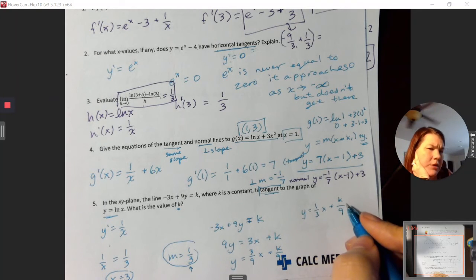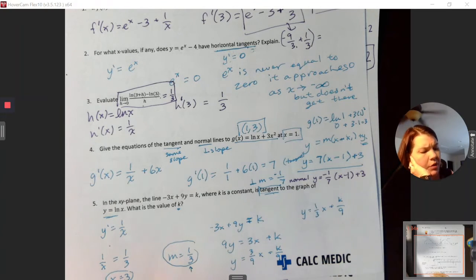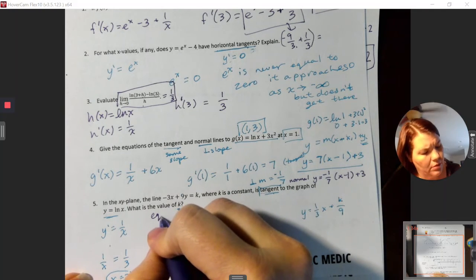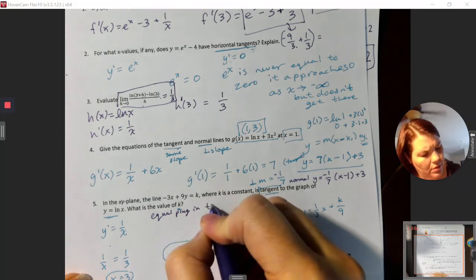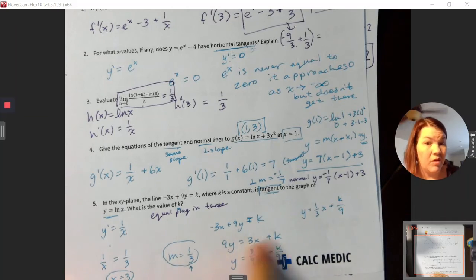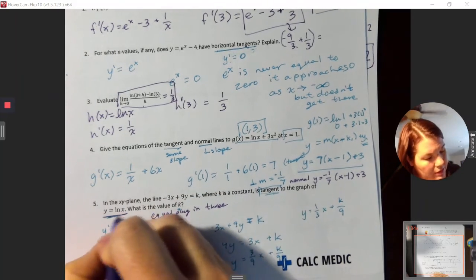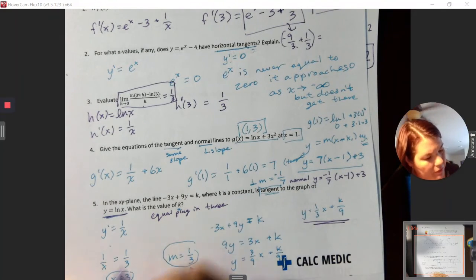I need them to touch, y equals 1 over x. So I need them to be equal when I plug in 3. Sorry that I'm not doing this well. So this needs to equal this when I plug in 3.